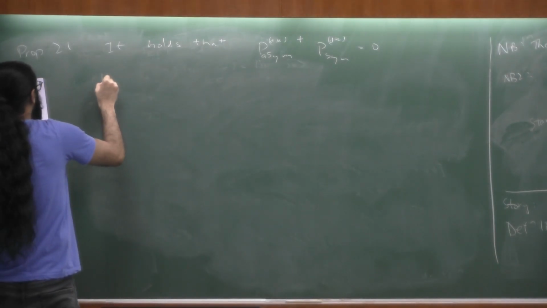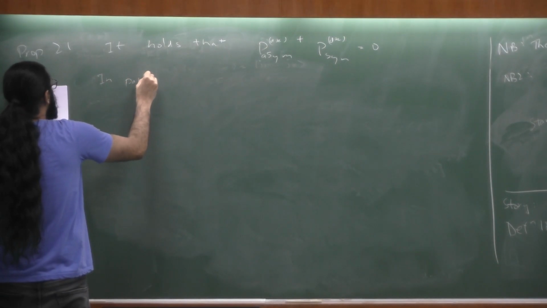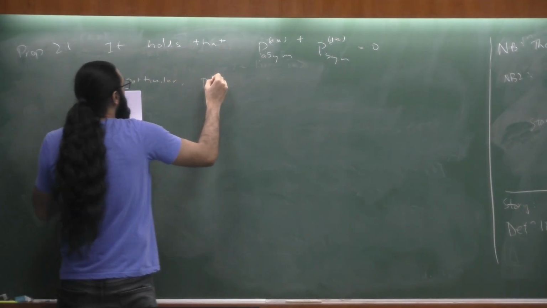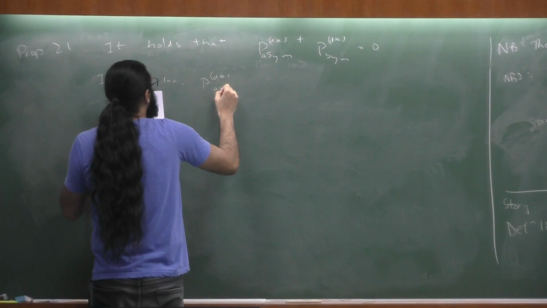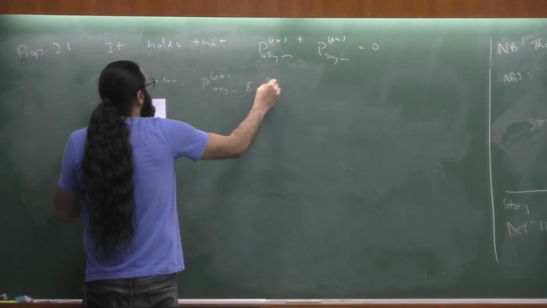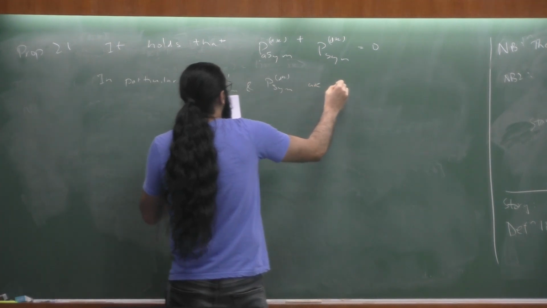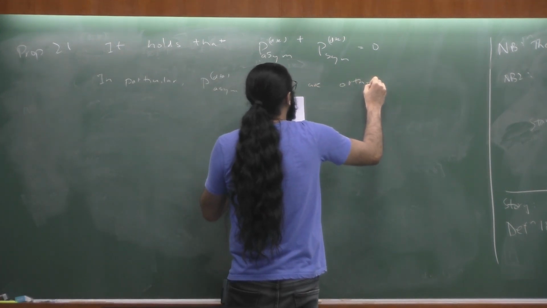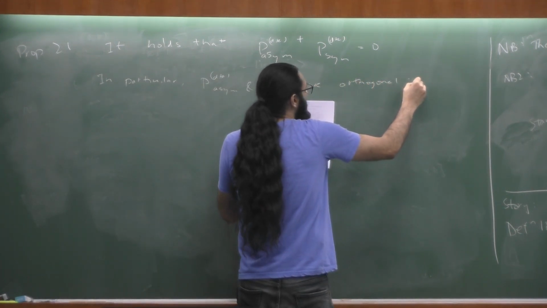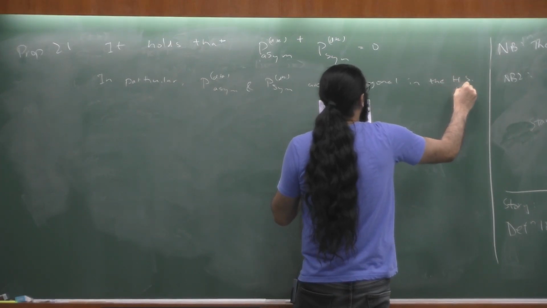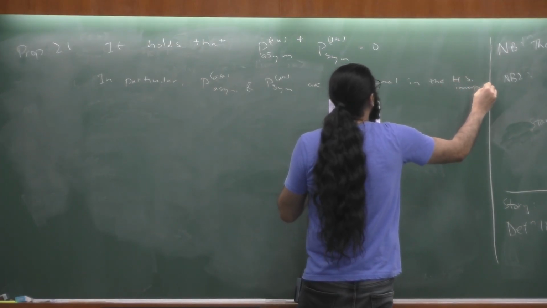Okay, and in particular this means that P antisymmetric and P symmetric are orthogonal in the Hilbert-Schmidt inner product.